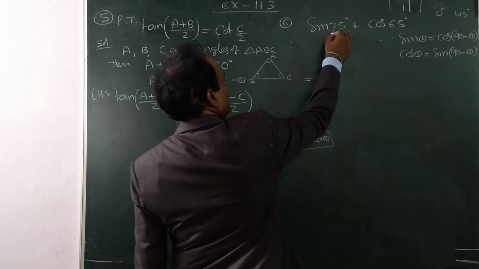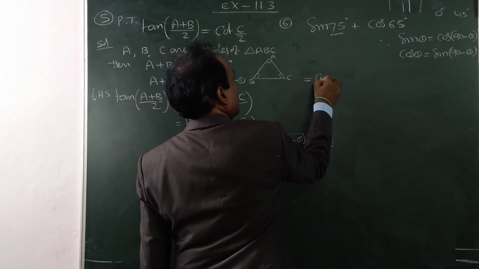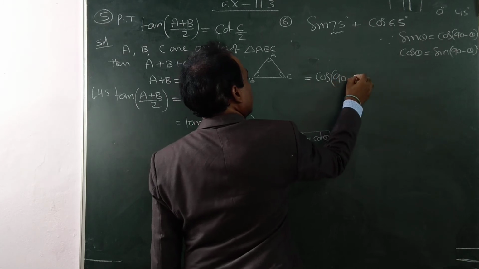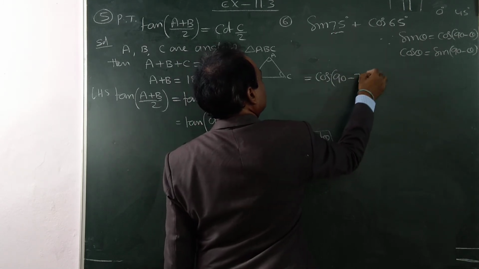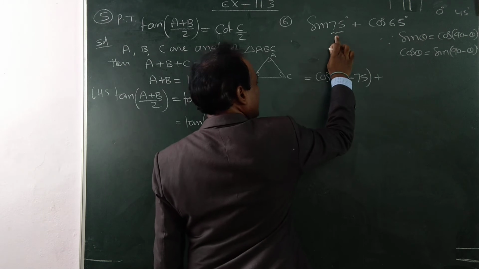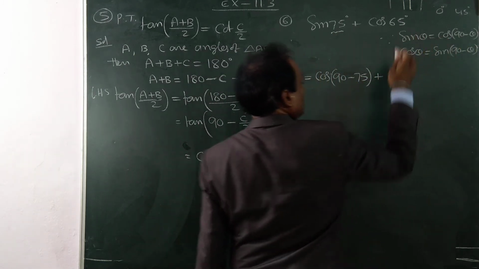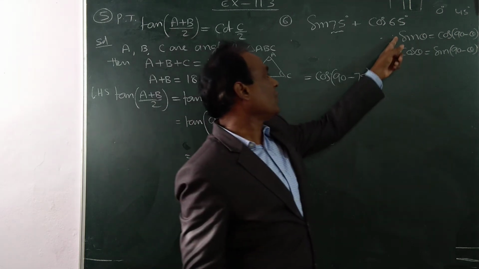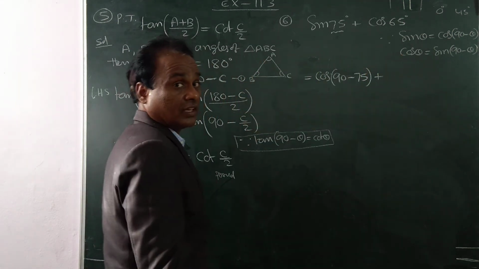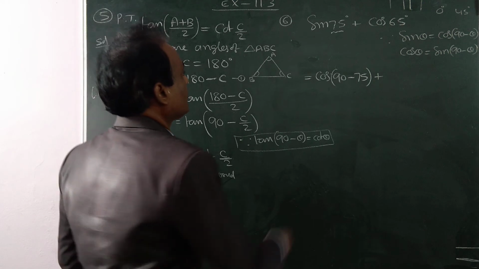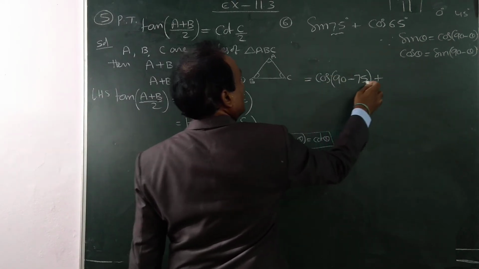See here, sin theta can be written as cos 90 minus theta. This is the first formula. I wrote two formulas here. We derived those formulas in the last class. So sin theta is written as cos 90 minus theta.